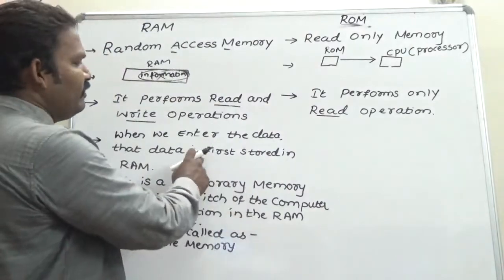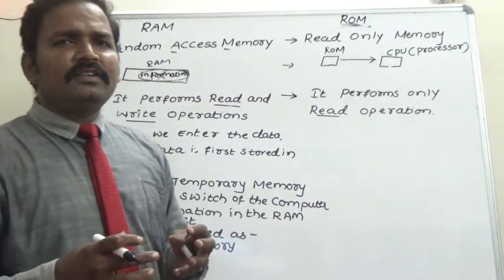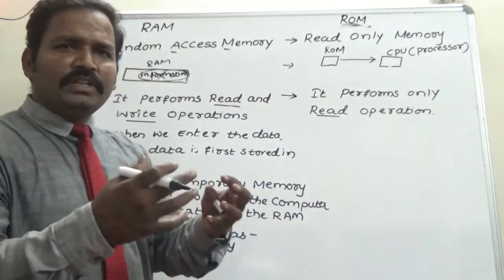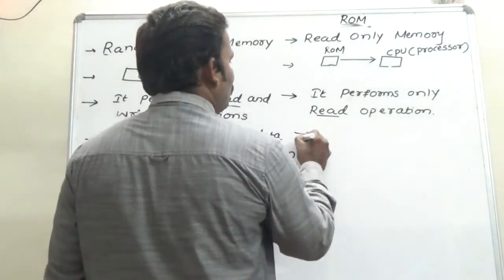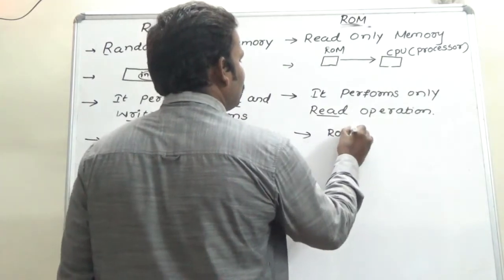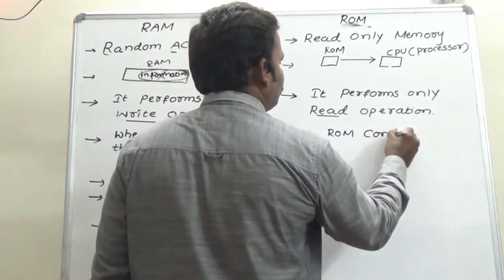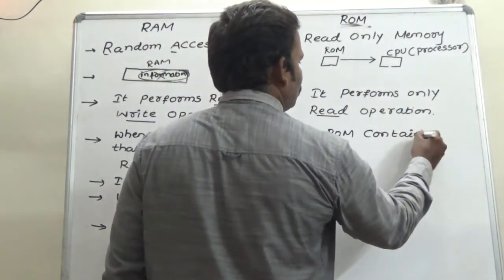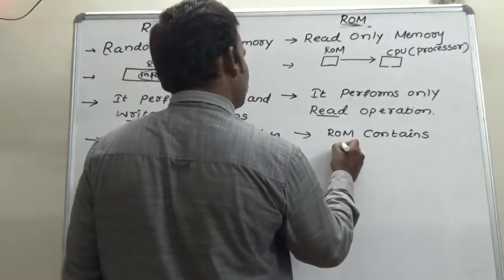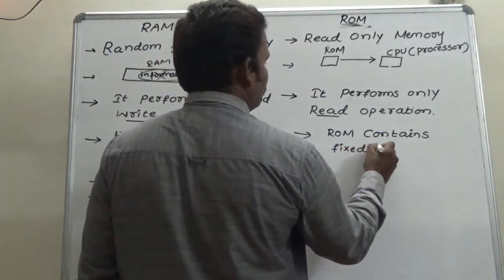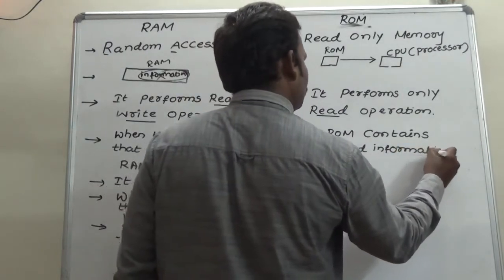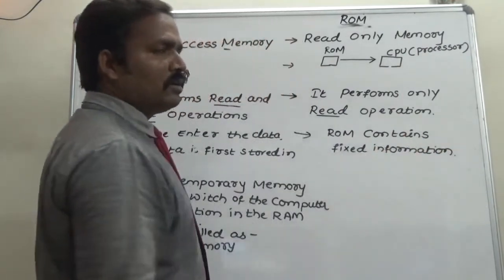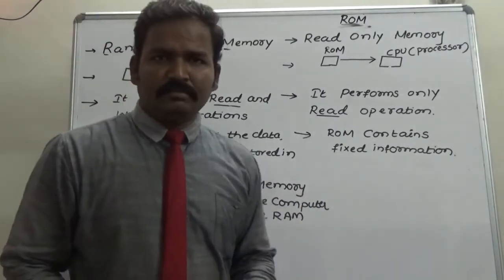Next, when we enter data, it is first stored in the RAM. What about ROM? ROM contains fixed information, always fixed information.